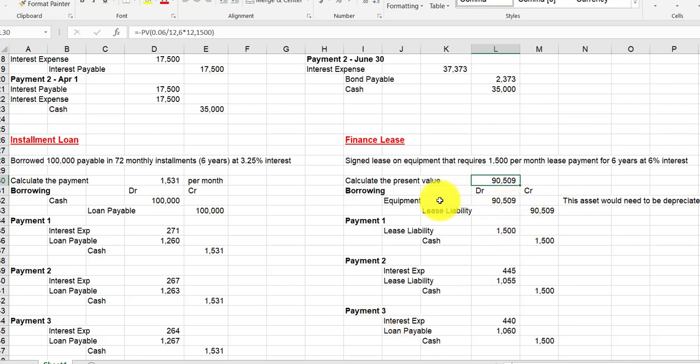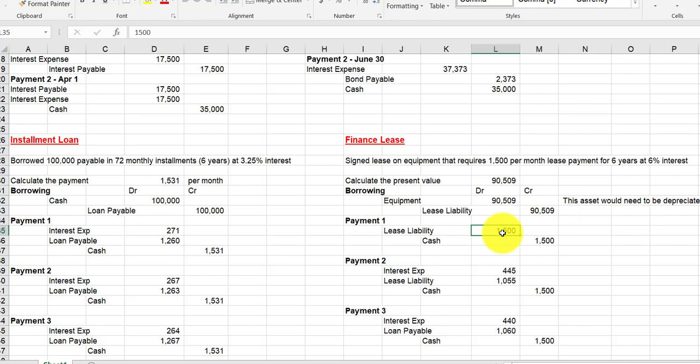We record that exactly like this. Notice with a lease, you're not going to have cash deposited in your account like when you did a loan. Okay, there's our recording of the asset and liability for exactly the same amount.